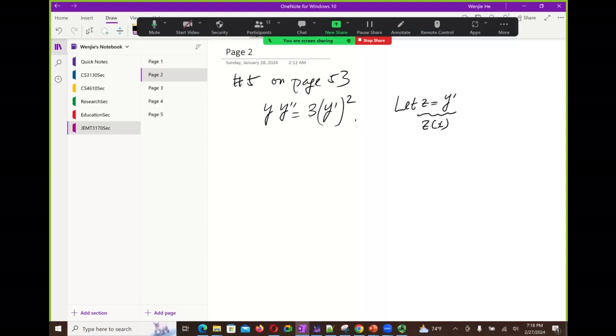The variable is x. Now the harder part is, can we treat z as a composite function? Here we need to take the composite function view.